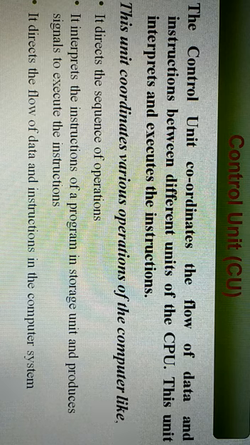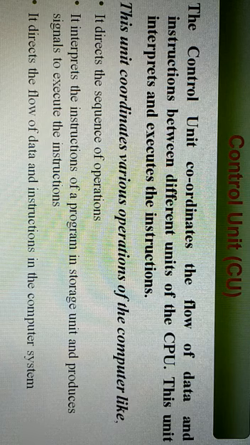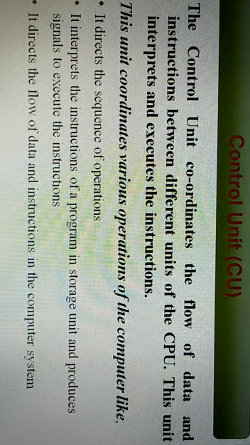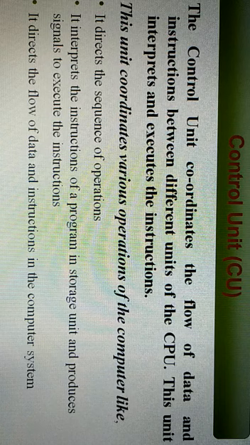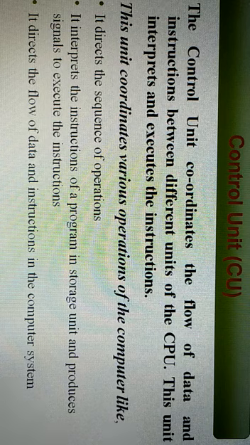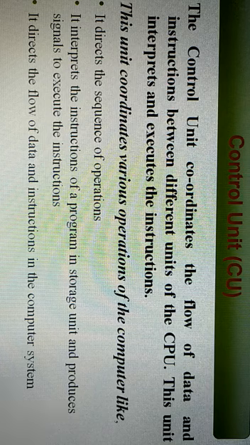Whenever any instruction is given through the input device, the instruction is stored in the primary memory of the computer. When it is stored in the primary memory unit, that is RAM, the control unit fetches the instruction from the RAM and decodes it. Decode means just the opposite of code. That means if any instruction has multiple operations, then each operation is separated.